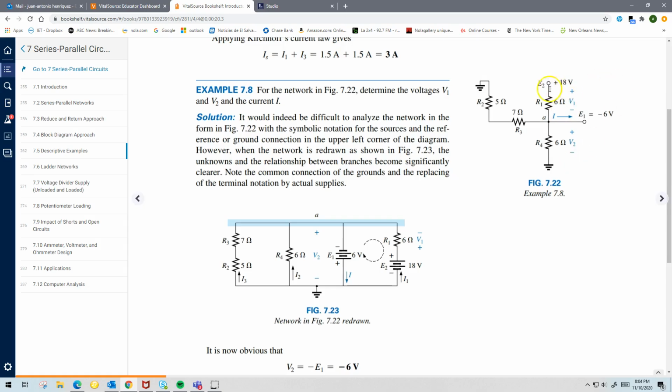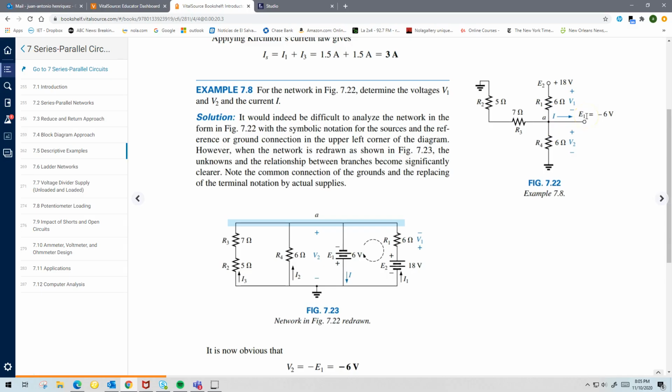V1 is the voltage across the 6 ohm resistance R1. V2 is the voltage across R4. I, that A1, is the current coming out of node A, as you notice here.